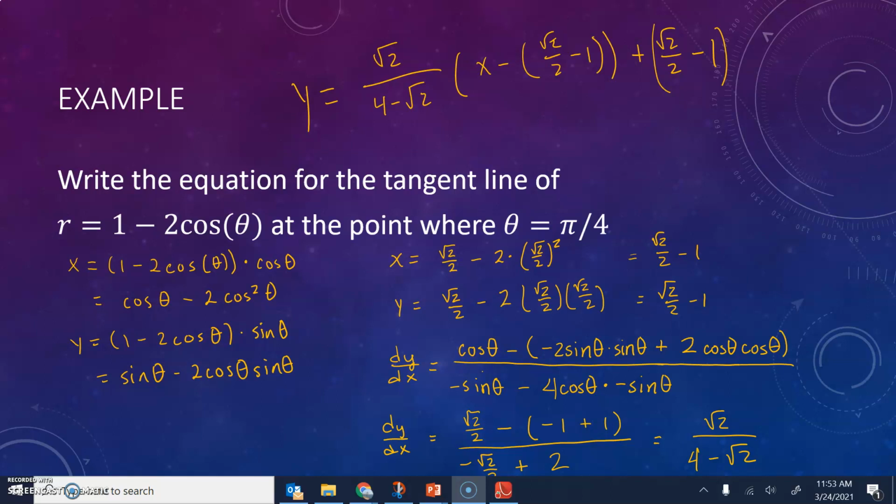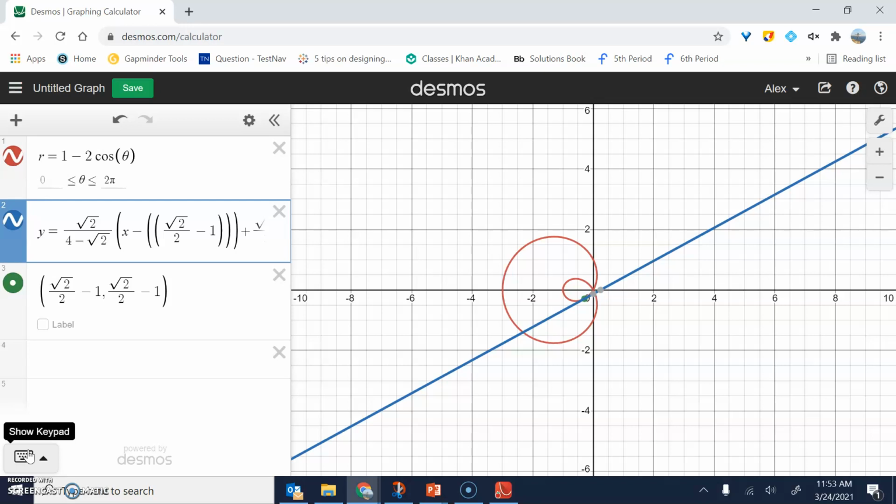But I want to point out that it's correct, and I know it's correct because I graphed it. So I took my Desmos graph of 1 minus 2 cosine theta. I plotted the point where we are at pi over 4, which is this point right here. And then I graphed that tangent line, and I can see that that tangent line is touching the curve at that point and has the slope of the curve.